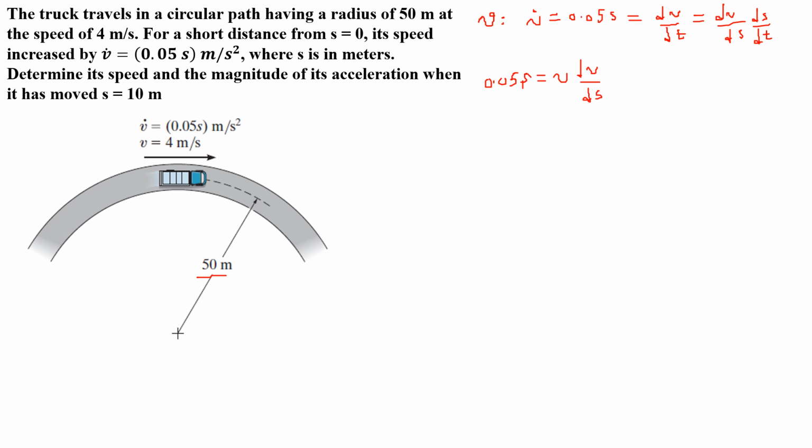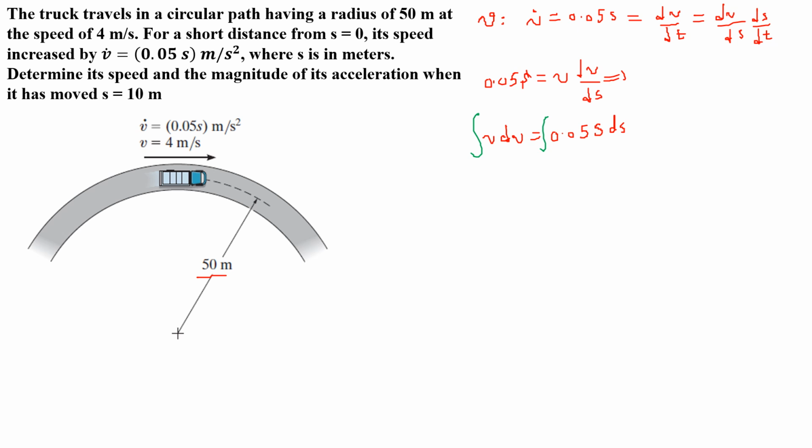Okay, and I'm just going now to separate the variables. I'll have here v dv equal to 0.05 s ds. And now we can integrate both sides of this equation. So we have the integration of v dv and the integration of 0.05 s ds.